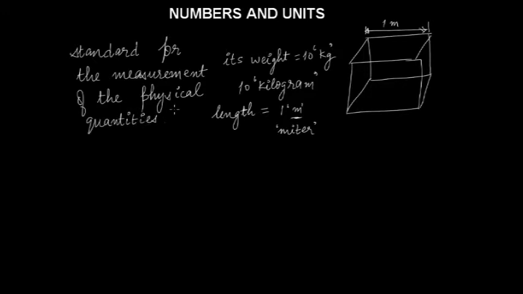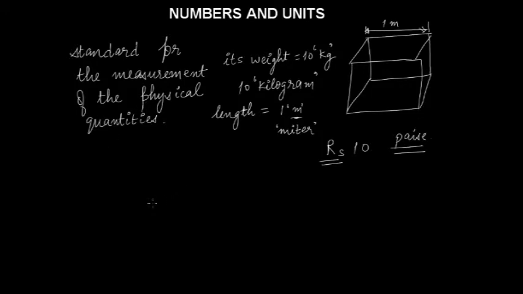Just like you say that you have rupees 10. Someone says that I have rupees 10. So rupees is a unit for the Indian currency. To measure some amount of money in Indian currency, we use rupees or paise. This is also a standard for the measurement of physical quantities.